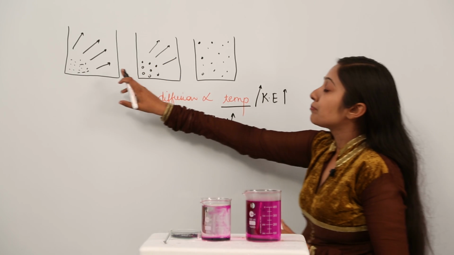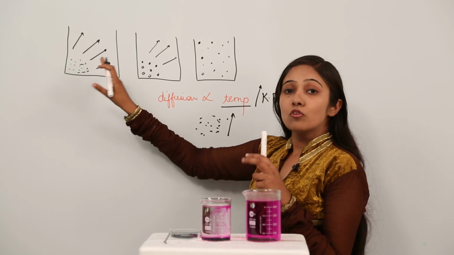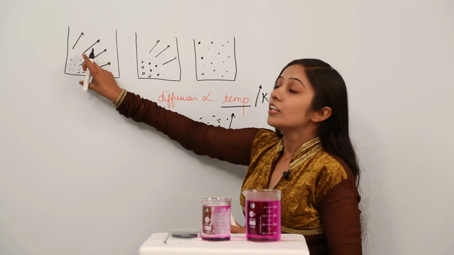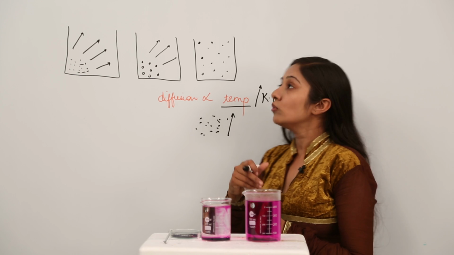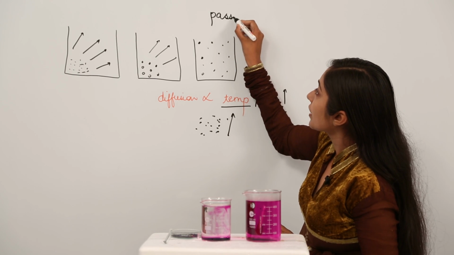So let us recall what the diffusion process is. It is a movement of the molecules from the region of higher concentration to the region of lower concentration. And remember one important point: diffusion is actually a passive process.